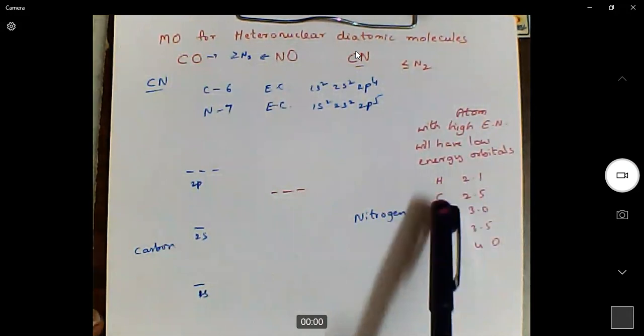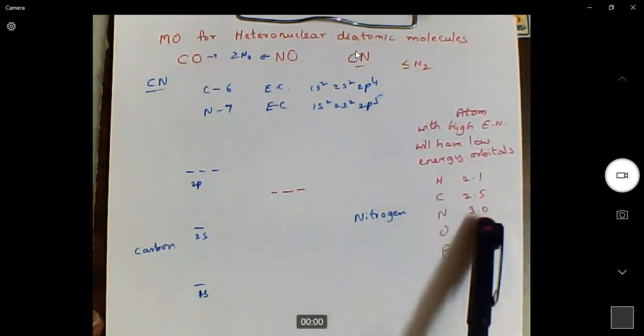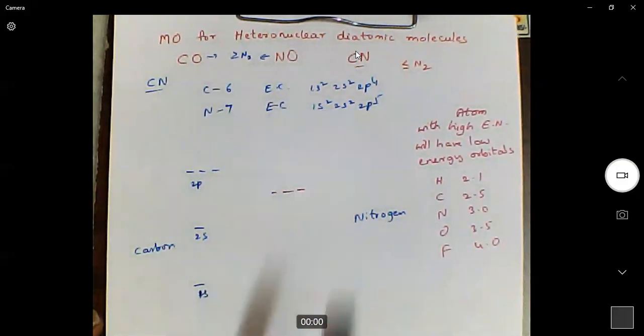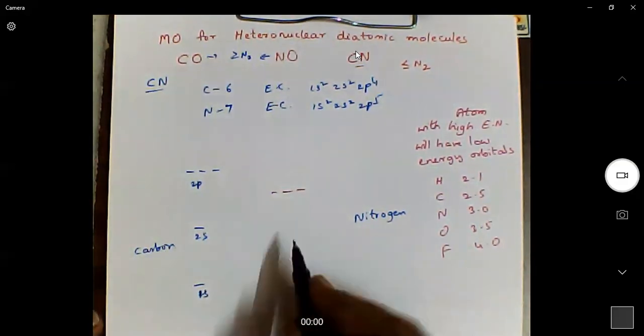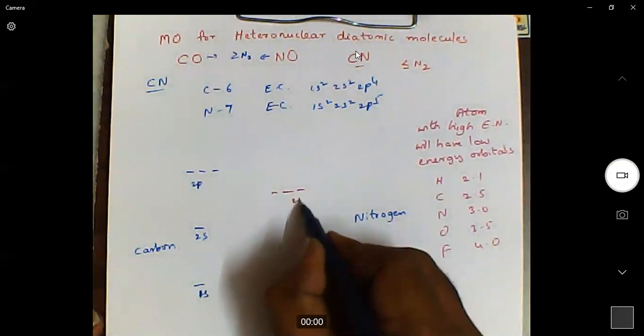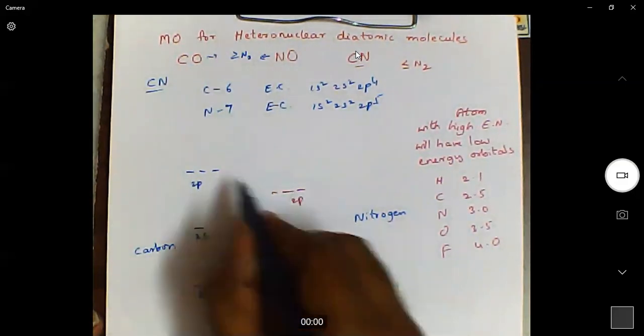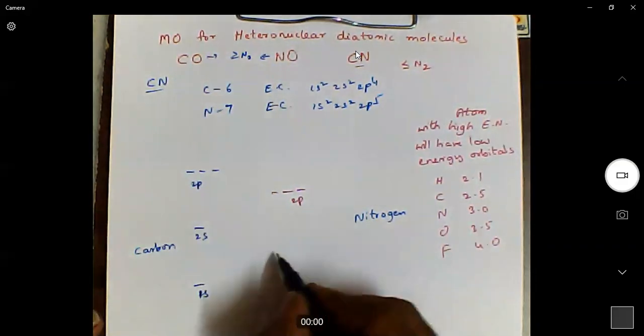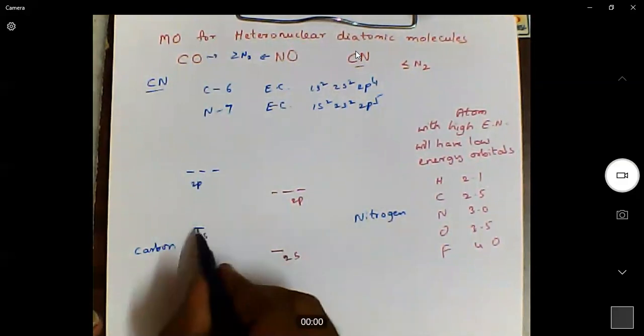So compared to carbon, nitrogen is more electronegative, so its orbitals are lower in energy. The 2p orbitals of nitrogen are lower compared to 2p orbitals of carbon. The 2s orbital of nitrogen is lower in energy compared to 2s orbital of carbon.